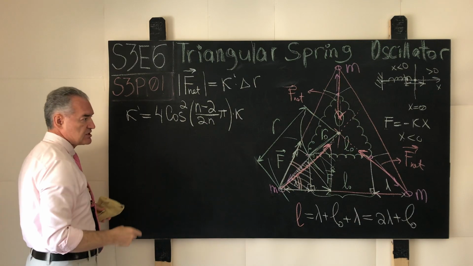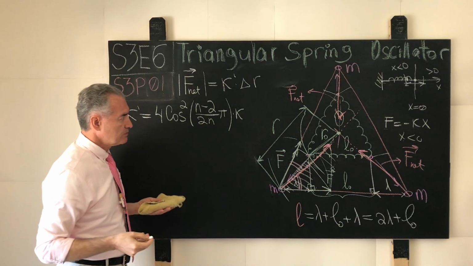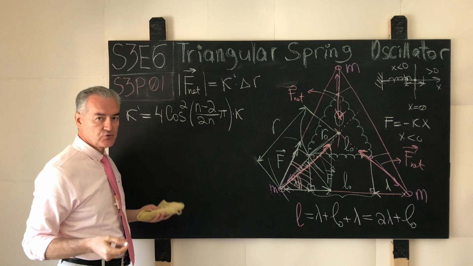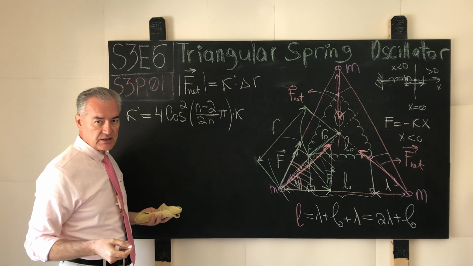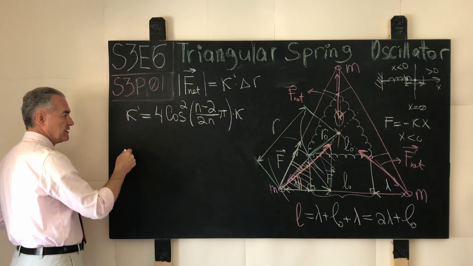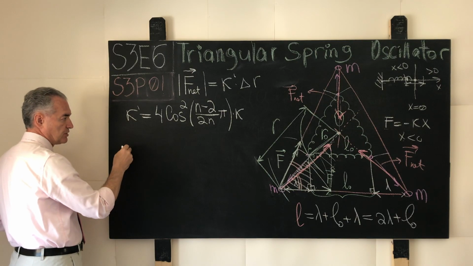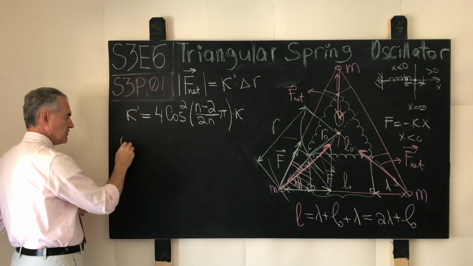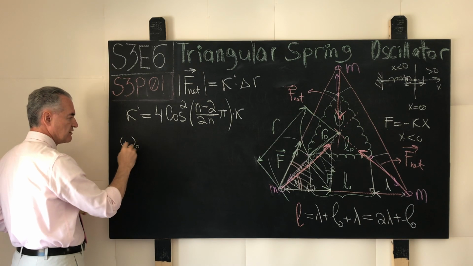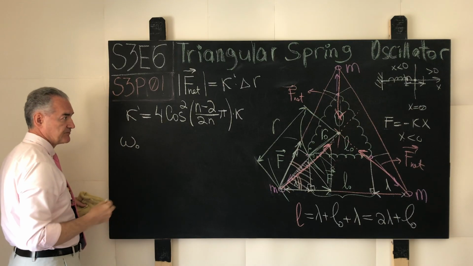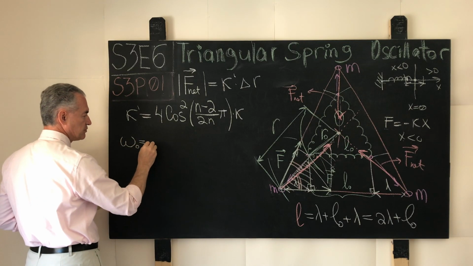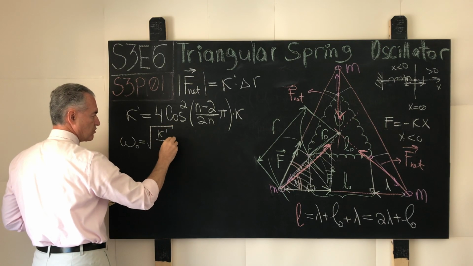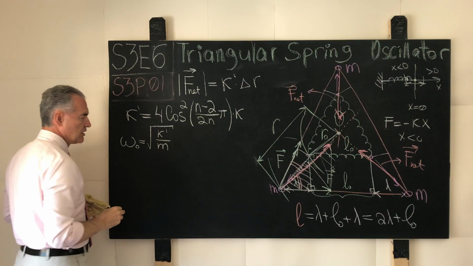If you are in middle school, you most likely do not know anything about differential equations, and you will have to take on faith that your teacher in the classroom will tell you that the value of the cyclic frequency of this oscillation is simply given to you. It's not deduced; it will be given to you as the square root of K prime over M.